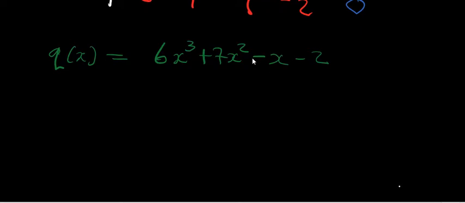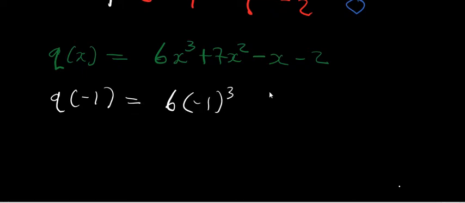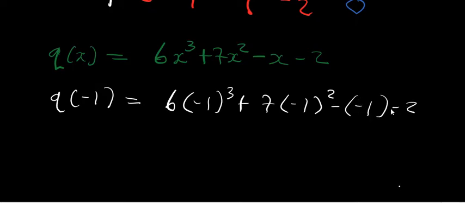If I was to get -1, so let's say q of -1, it is going to be 6(-1) cubed plus 7(-1) squared minus (-1) minus 2. If I work that out, q of -1 is simply equal to 0. So -1 is my zero root for this expression.